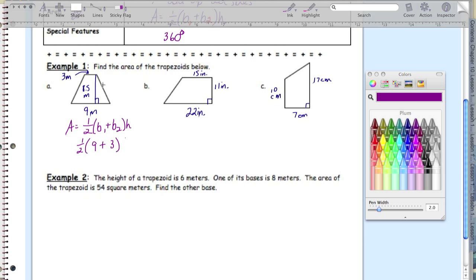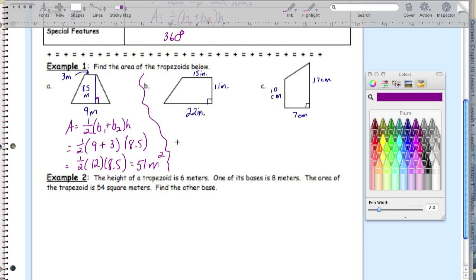And my height is 8.5. It goes with that right angle. So 8.5. Now I could put this straight in my calculator, right across, putting all the parentheses in. I can follow order of operations, which means I would simplify that first. And then from here I can multiply everything together to find out that we get 51. So 51 meters squared is our area.